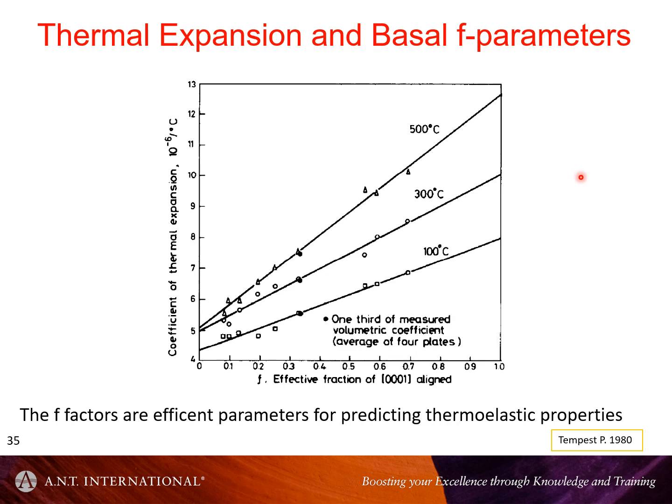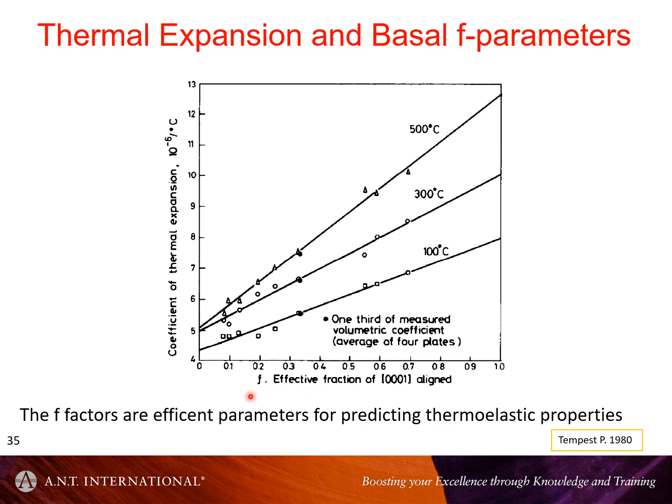Kearns texture factors, this is the last slide, are very important because they give you a measure of the physical properties of a polycrystalline material. This shows the thermal expansion coefficients of a polycrystal as a function of the F factor.